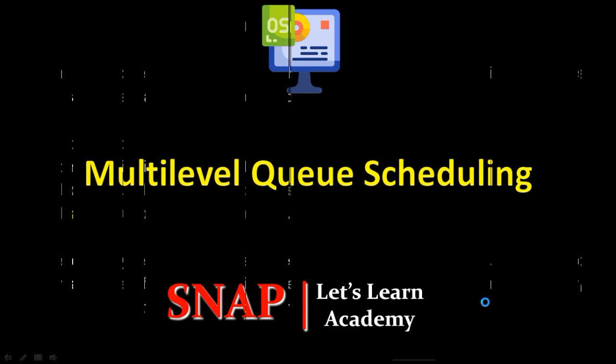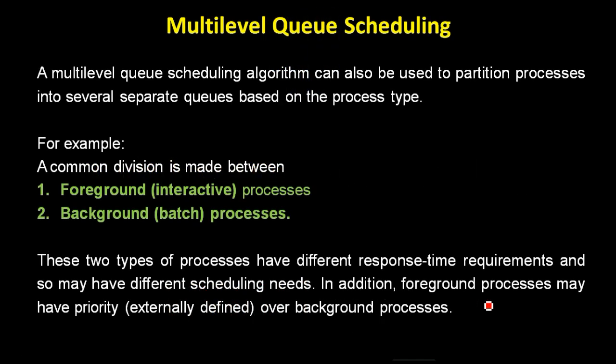In multi-level queue scheduling, as the name suggests, multi-level means we have more than one queue in different levels. So this is the multi-level queue scheduling algorithm.